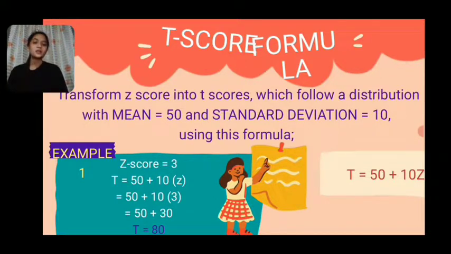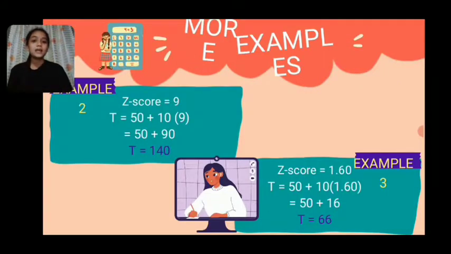So 80 is our t-score when our z-score is 3. Example number 2. Our z-score is 9. So t equals 50 plus 10, then substitute the 9. So 50 plus 10 times 9 equals 90. So 50 plus 90 is equal to 140.